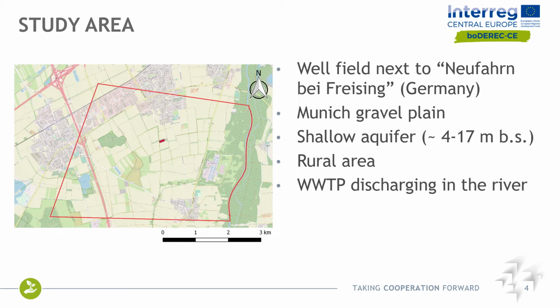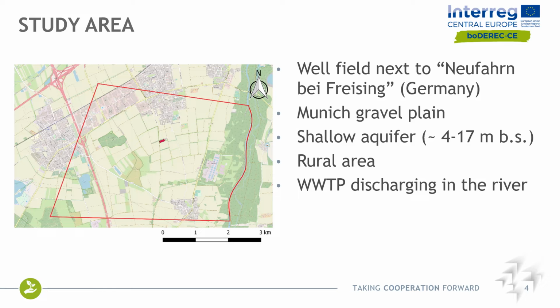The aquifer is located around 4 meters below the surface and is bounded by a clay layer at the depth of 17 meters. The area is located in the Munich gravel plain, thus the water flow velocity is very high as it can be expected for gravel aquifers.